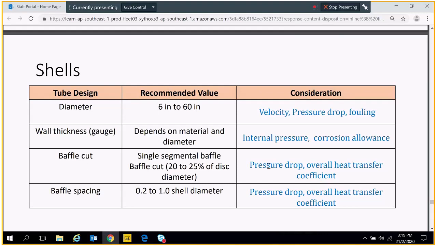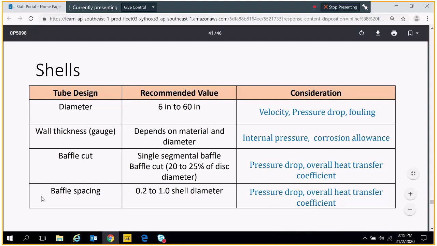Baffle cut. This will affect your pressure drop and your overall heat transfer coefficient. Similarly, for the baffle spacing, if you want the baffles to be very near each other, then you have a high pressure drop. But you may have a good heat transfer coefficient because you're squeezing a lot of shell fluid between two baffles.